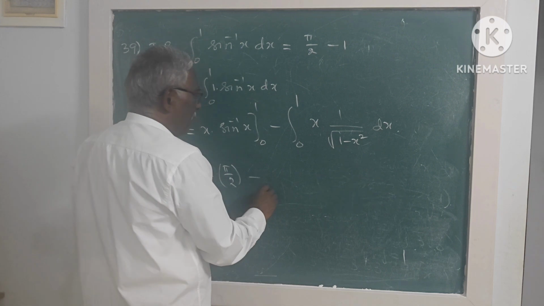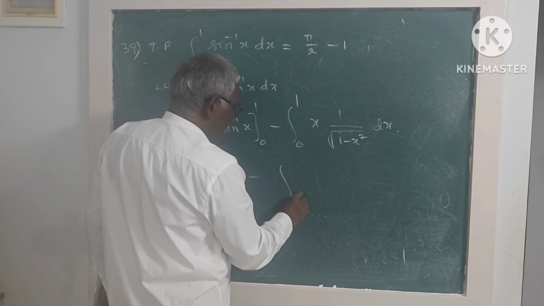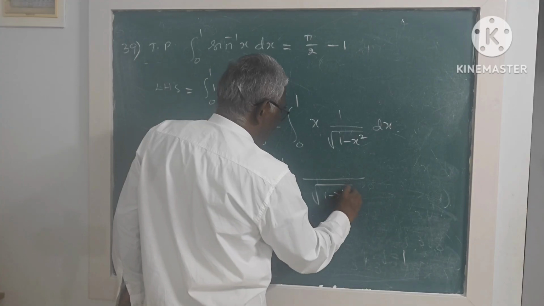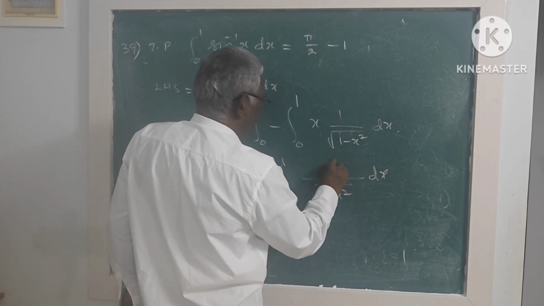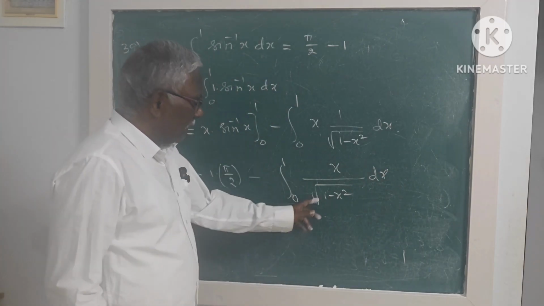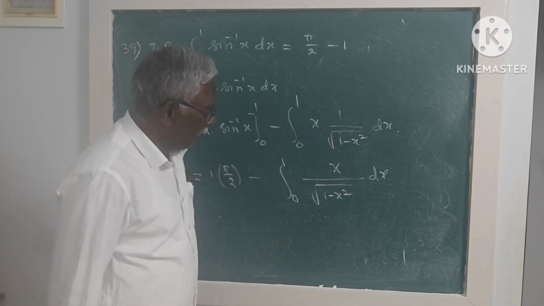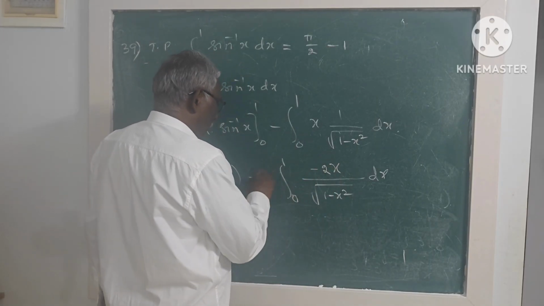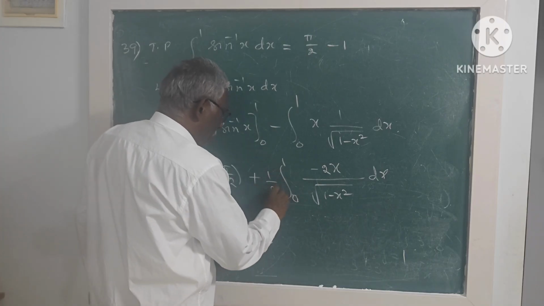Then minus integral 0 to 1 of x by square root of 1 minus x square dx. If we differentiate 1 minus x square, minus 2x will come. So I'll write minus 2x, that means make plus, so 1 by 2 here.